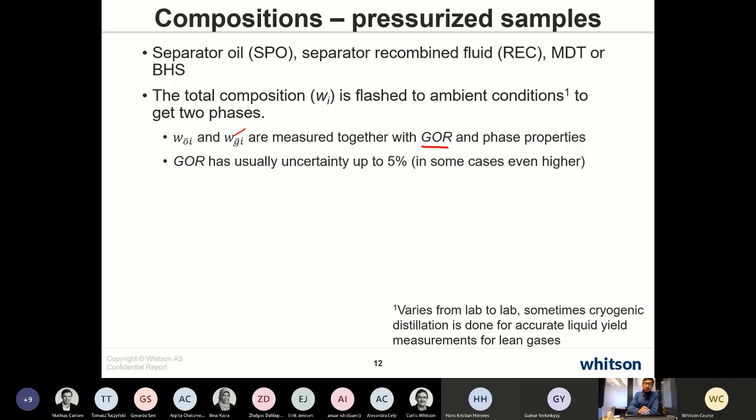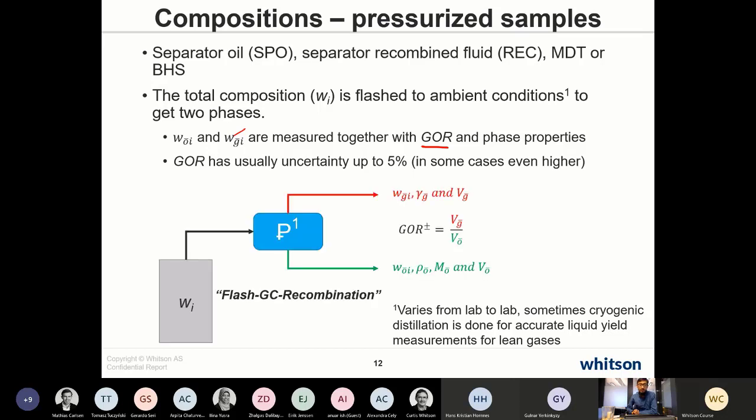That GOR measurement can have uncertainty up to 5% or even sometimes higher. For example, with a very lean gas condensate, due to very small liquid volumes, the uncertainty may be even higher than 5%. This process of measuring the composition of the pressurized sample, we generally term flash GC recombination.